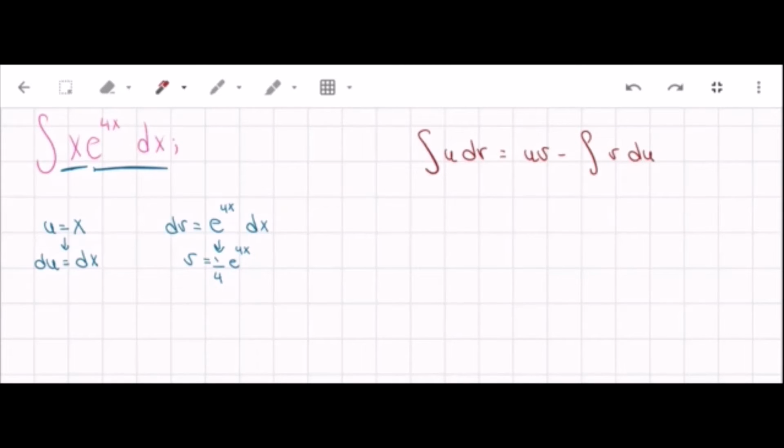Now we'll rewrite it with the ones we already have. So the integral of x, and then dv is e to the 4x, equals u, which is x, times v, 1 over 4 e to the power 4x.